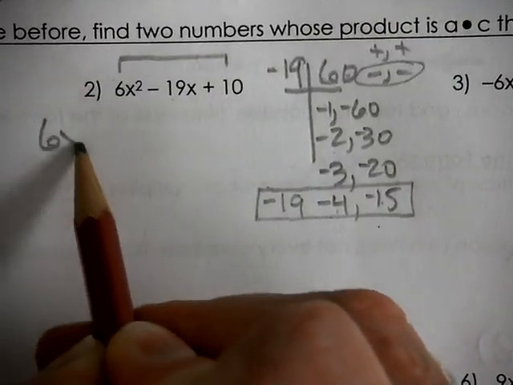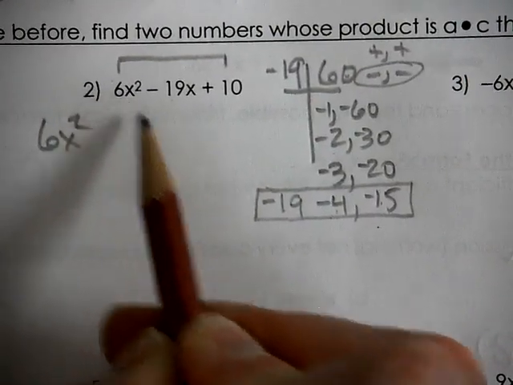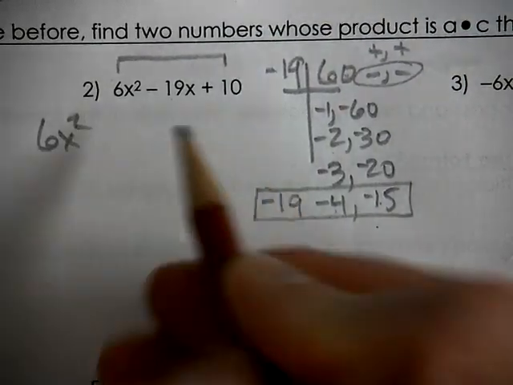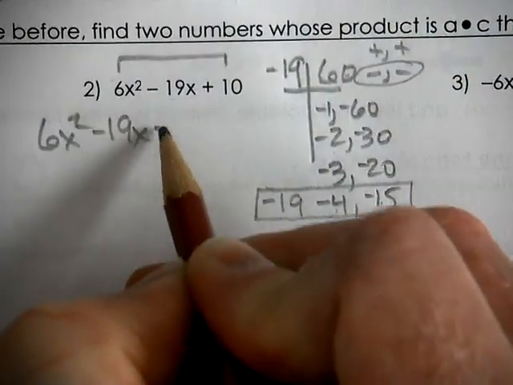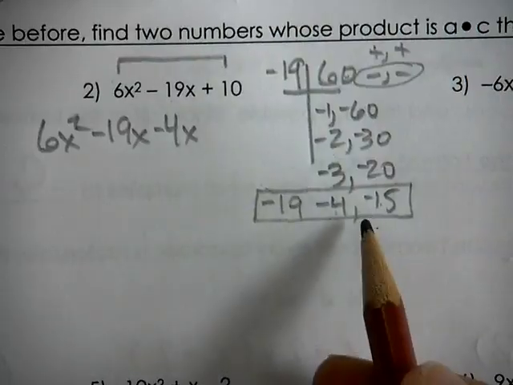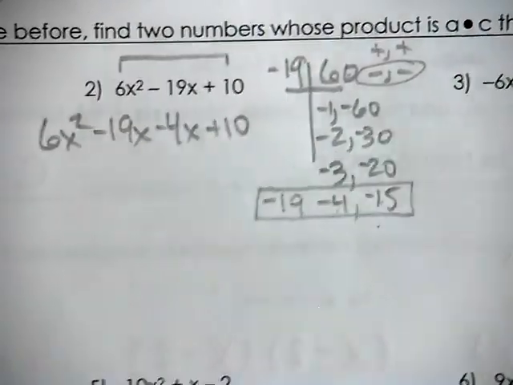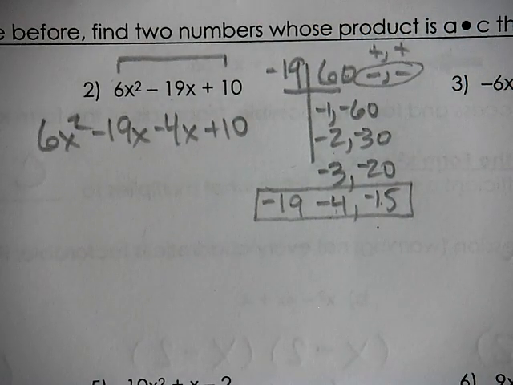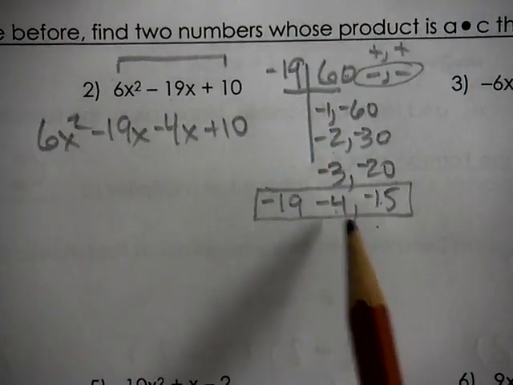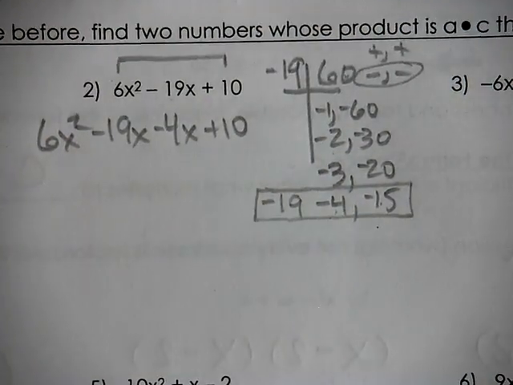So we're going to take our 6x squared, our negative 19x, negative 4x, and our positive 10. So I put my, I said 19.